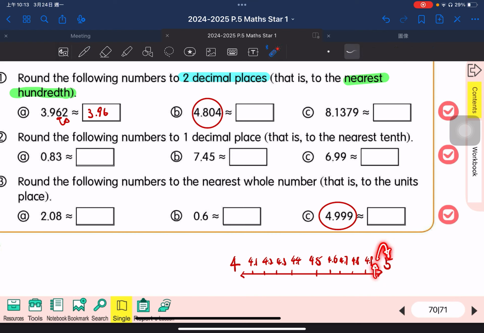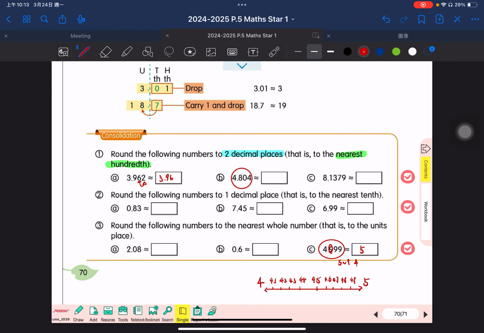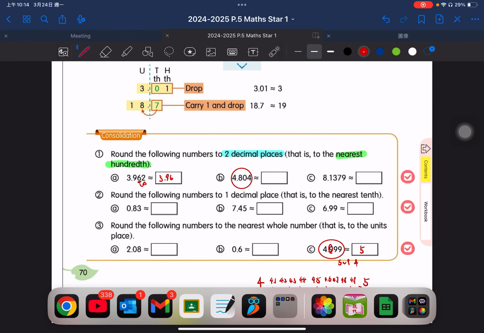It's closer to 5, so we round up to 5. And like what I said, 5 to 9, we round up. In Chinese, we say 四捨五入. Basically it's the same idea as rounding up and down with large numbers. It shouldn't be a very difficult concept. So that's the first part.